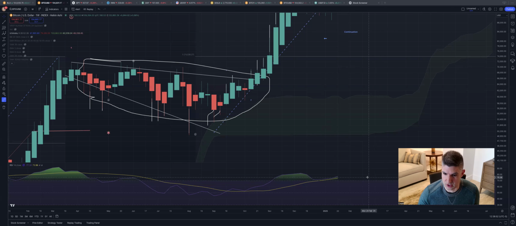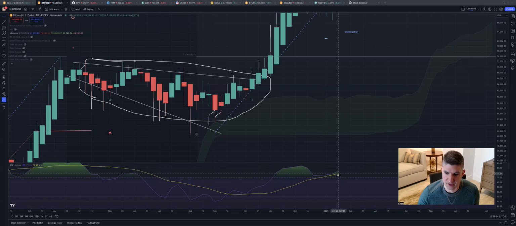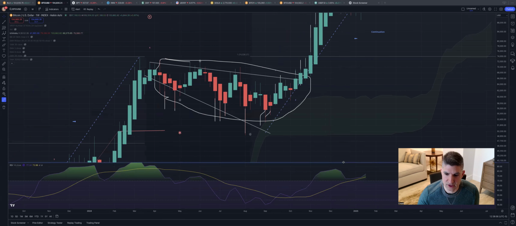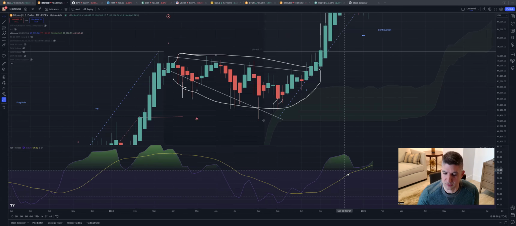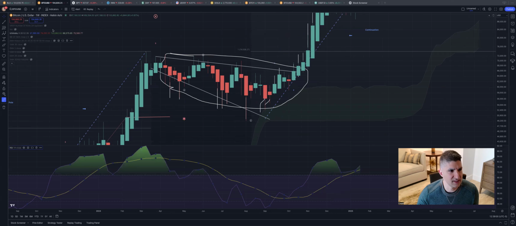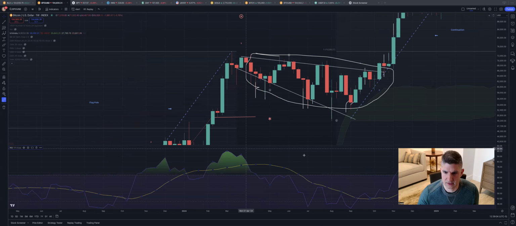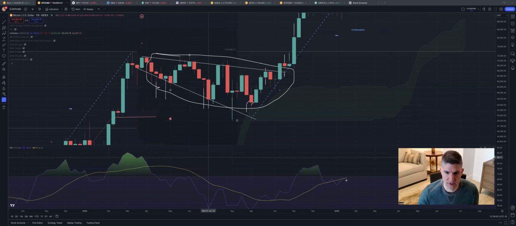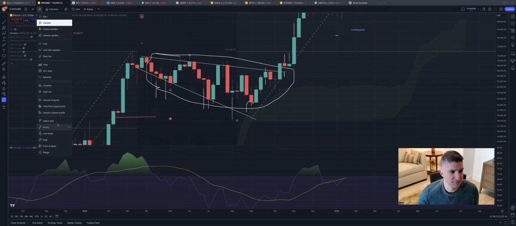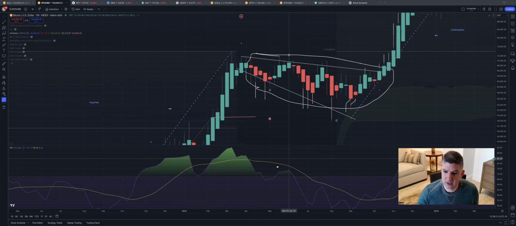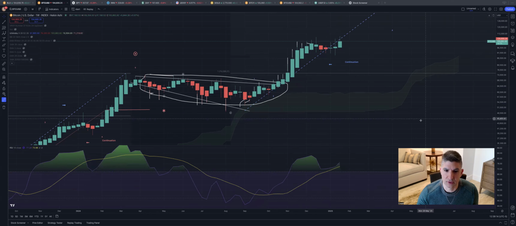RSI on this chart, on the Heikin Ashi, is over 70. And that's exactly what you'd expect to see in a powerful uptrend. Now, that isn't the case in normal candlestick, right? Let me show you that right now. We're still under 70. But when it comes to the Heikin Ashi, we are over 70, which I think is more indicative of the powerful trend that we're in.